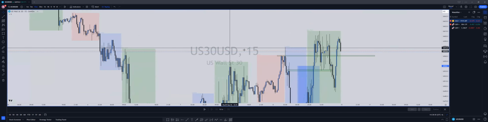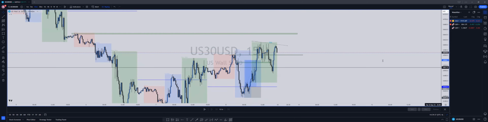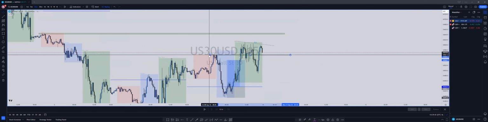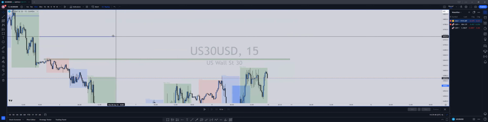Also, this is liquidity being formed right now. So I feel like price might push up for US30, or at least up to here or up to this mid-range.